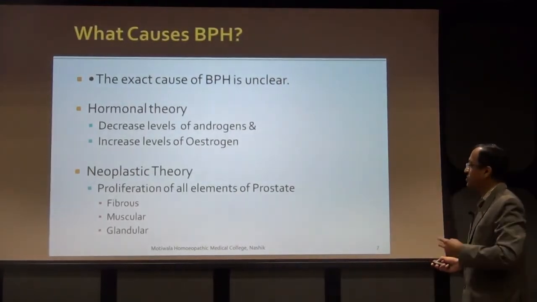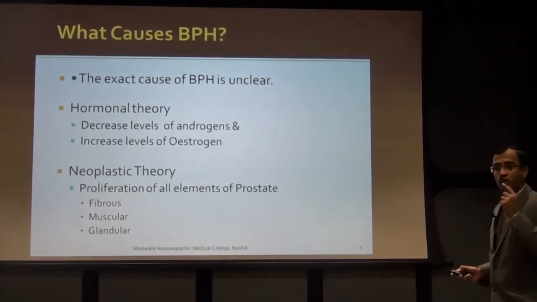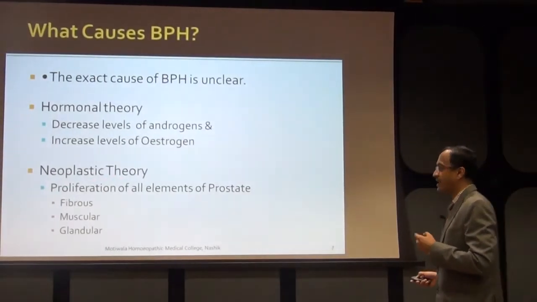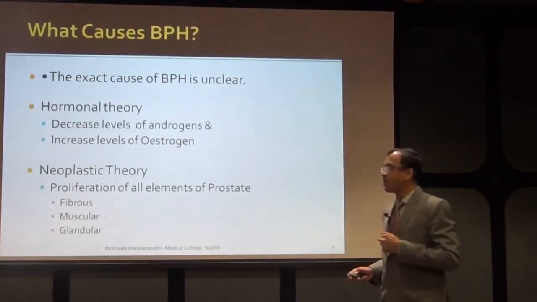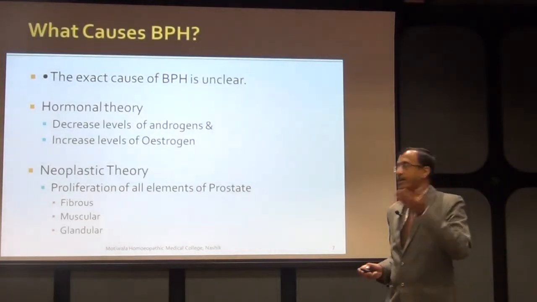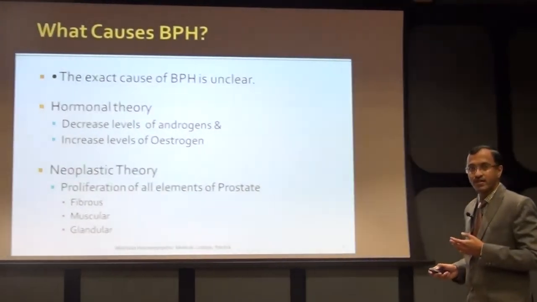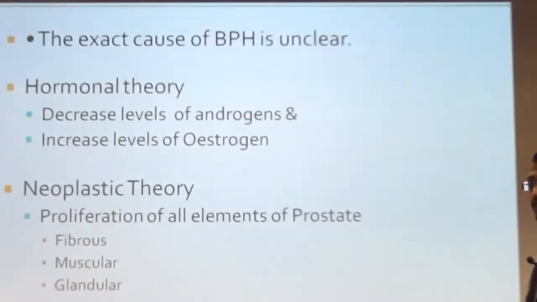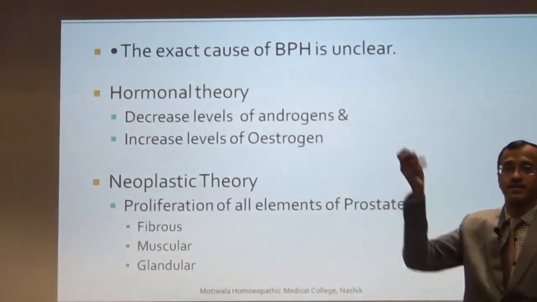So there are two theories. One is termed the hormonal theory and the other is called the neoplastic theory. In the hormonal theory, as the age advances, the levels of androgen go down, whereas the levels of estrogen increase.